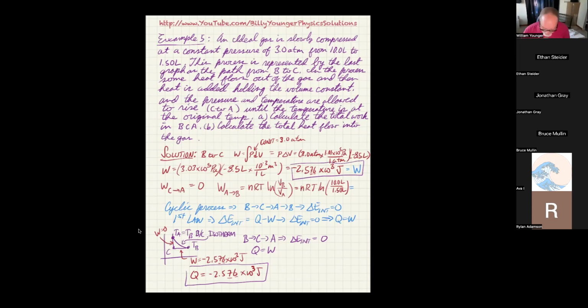So this is the kind of stuff you need to be able to do with all these different processes. Not only that, you'll see that there's several examples that can be solved. They then go into a free expansion. Now, with a free expansion, in general, that's supposed to be an expansion of a gas into a bigger volume, but that bigger volume should have zero pressure in it, so it doesn't take any work to actually go in there.